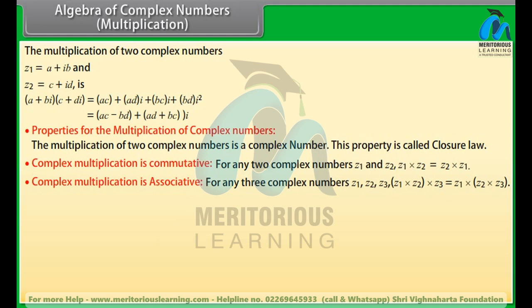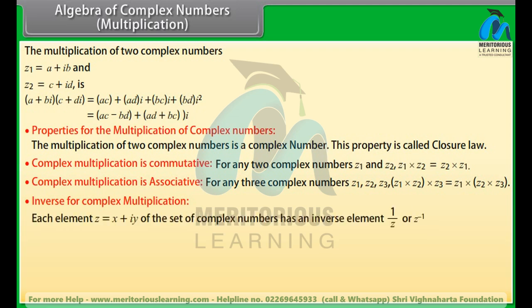For any three complex numbers z1, z2, z3, z1 into z2 into z3 is equal to z1 into z2 into z3, grouped differently. Inverse for complex multiplication. Each element z is equal to x plus iota y of the set of complex numbers has an inverse element 1 by z or inverse of z.